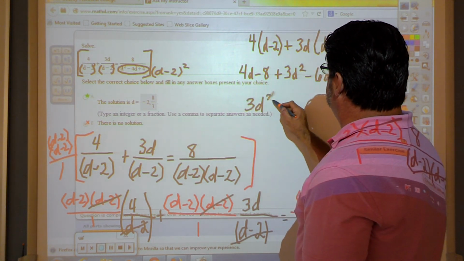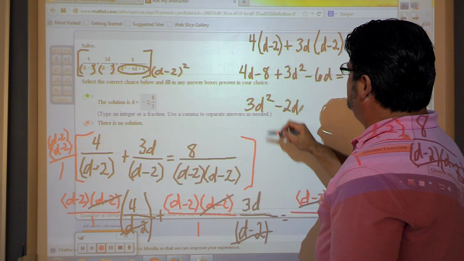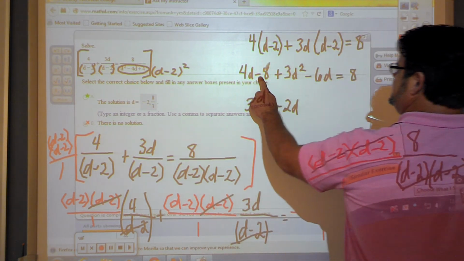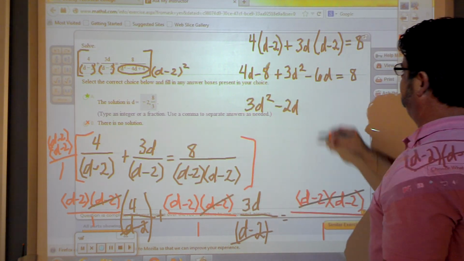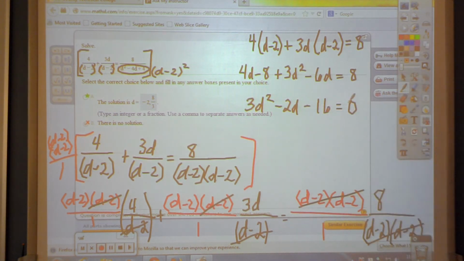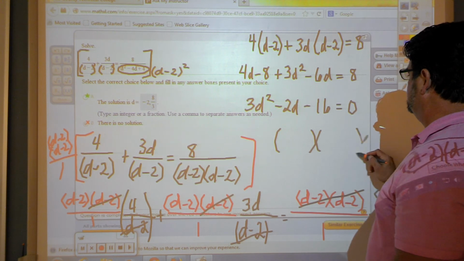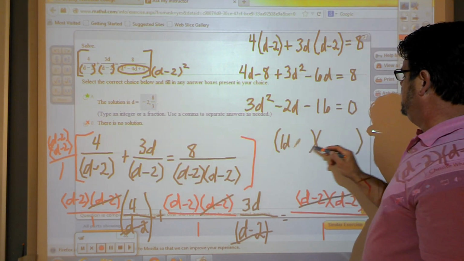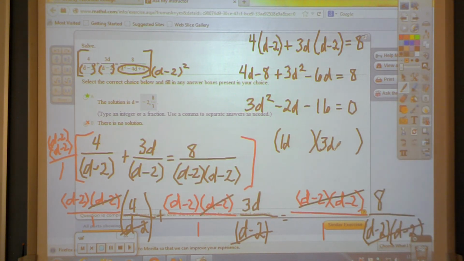D squared, 4D minus 6D, minus 2D. What happens to the 8's here? Well, this negative 8 is right here. You bring this one over, and it becomes what? Negative 16. Can't factor anything out, so reverse FOIL. That's 1D, 3D, and for 16, that'd be 2 and 8.